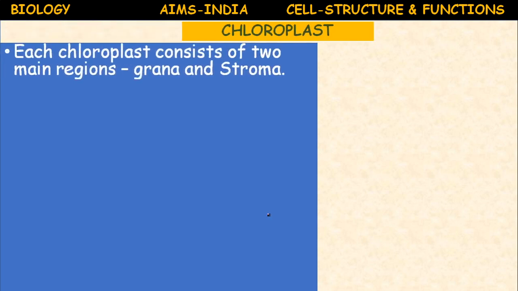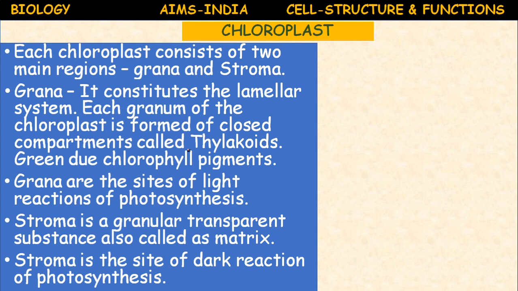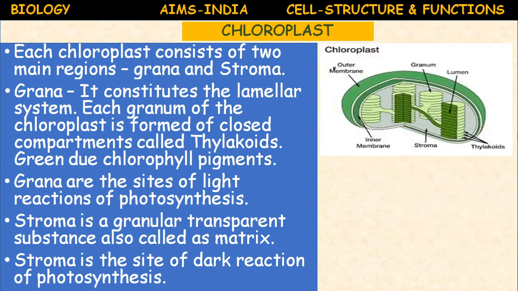Let us see further. Each chloroplast consists of two main regions: grana and stroma. The grana consist of the lamellar system.